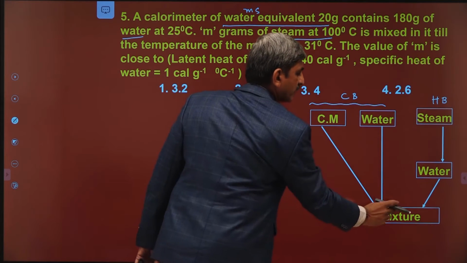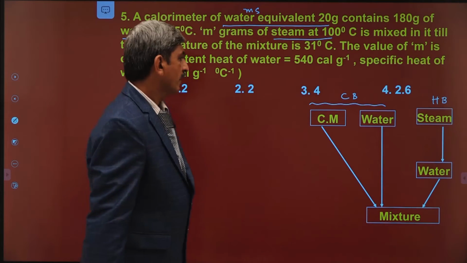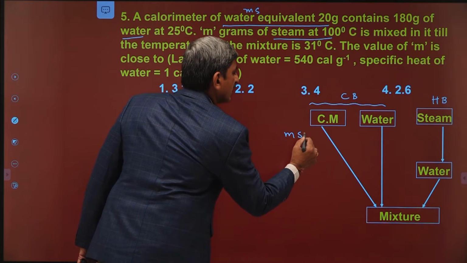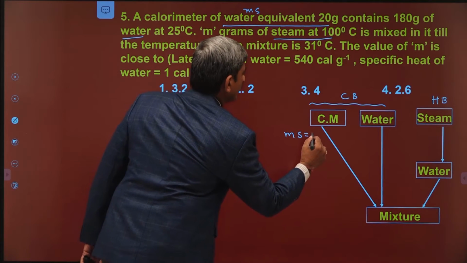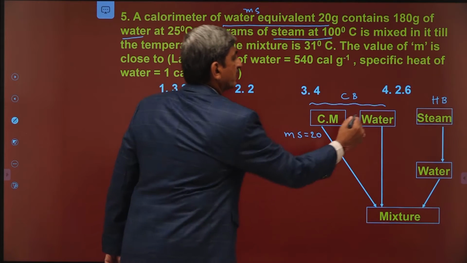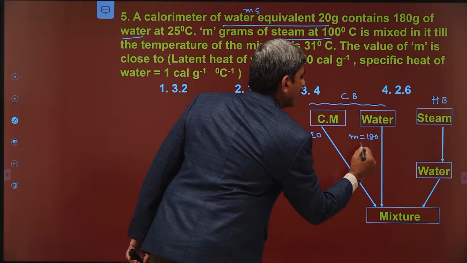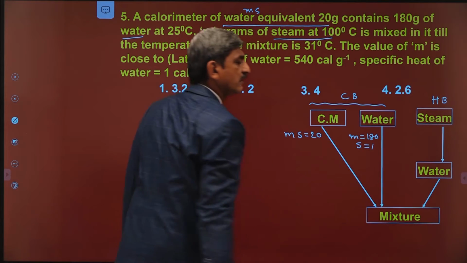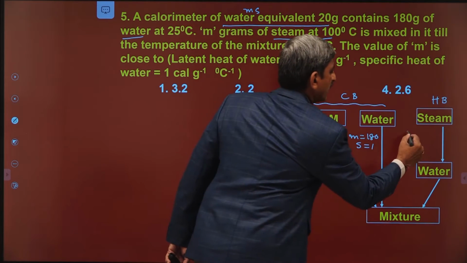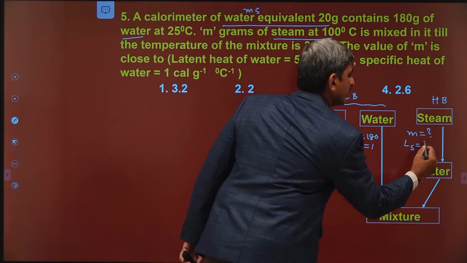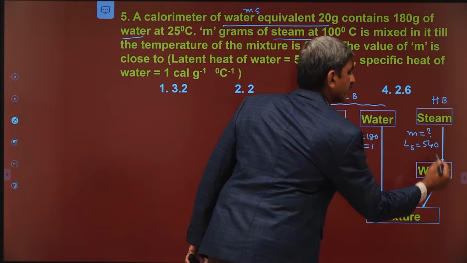These are mixed up and we get a mixture. For the calorimeter, the thermal capacity is given as 20. For water, the mass is 180 and its specific heat is 1. For steam, the mass is to be determined, but the latent heat of the steam is given as 540.